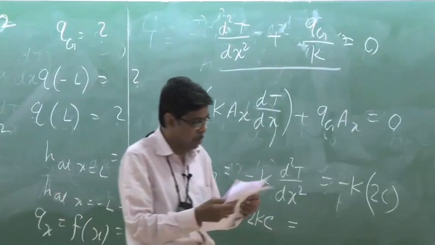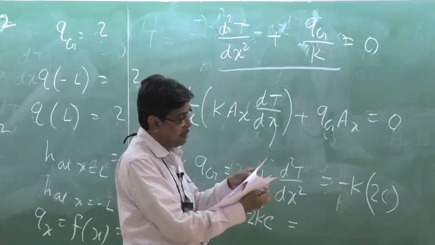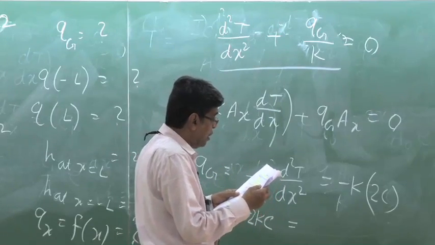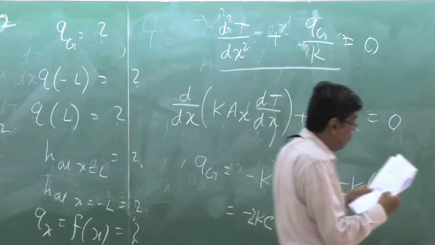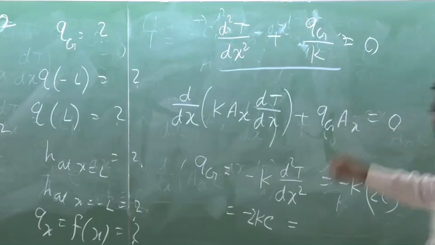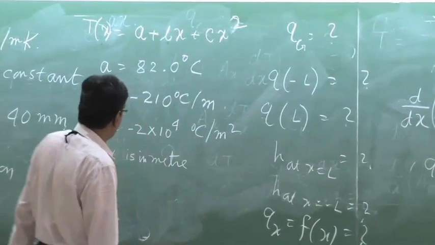I am giving you the answer. What is Qg? 2 into 10 to the power 4, K into C, 10 and 20.